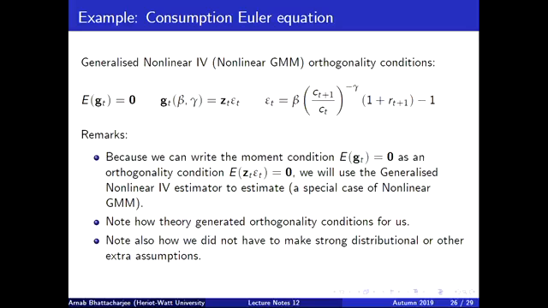So we are not imposing anything from outside. Okay, so this is directly corresponding to theory. All right? Note also that we have not assumed anything else other than these moment conditions coming from theory.